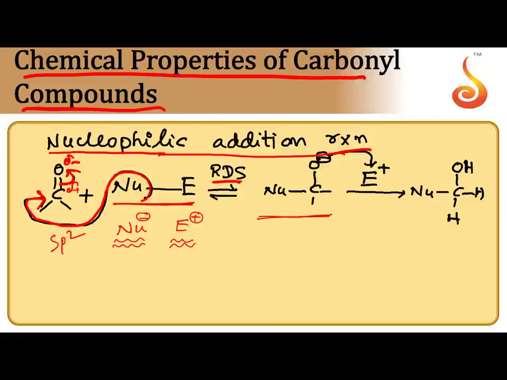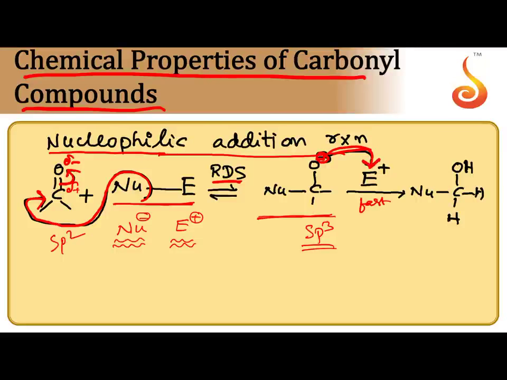The sp2 carbon, planar molecule, will become non-planar due to sp3 hybridization at this carbon. After the formation of O minus, the oxide, O minus takes the electrophile in the second step.